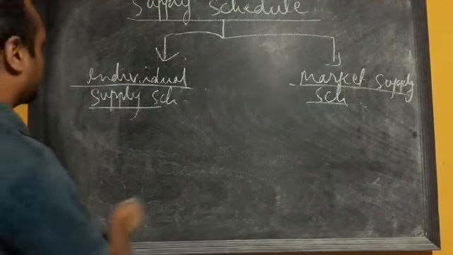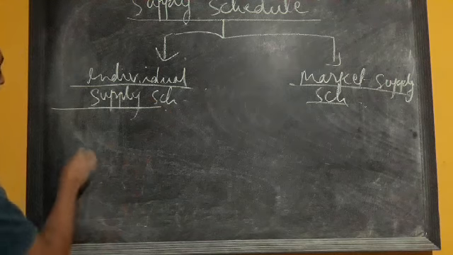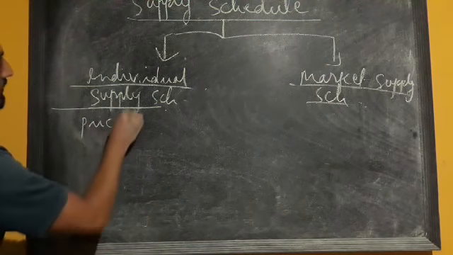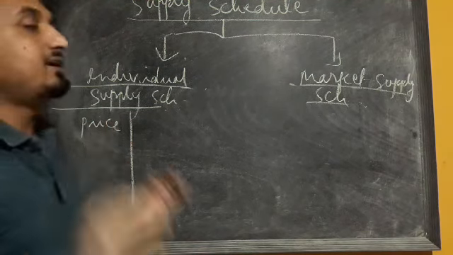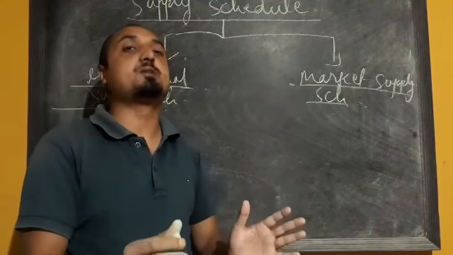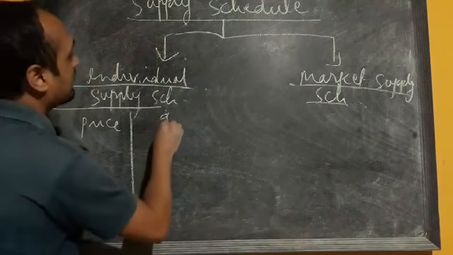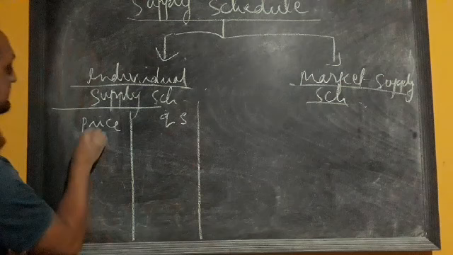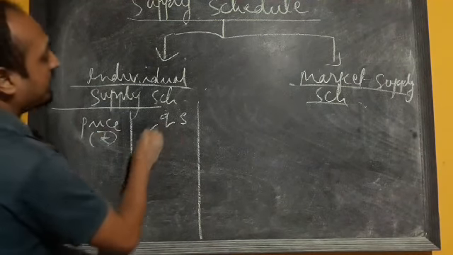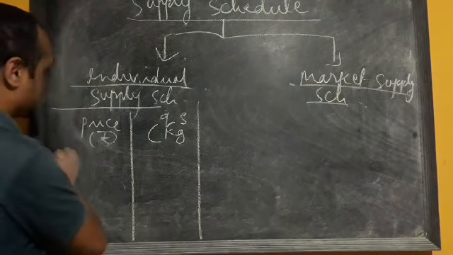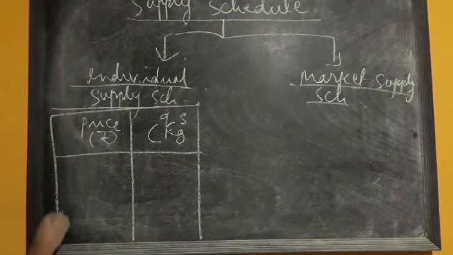I'll give one example. As we have mentioned, an individual supply schedule is a tabular representation of price and quantity supplied. Suppose price is measured in rupees and quantity supplied in kg.